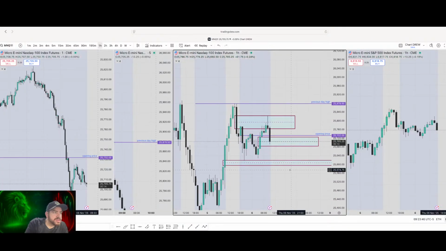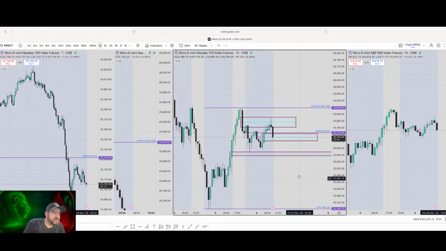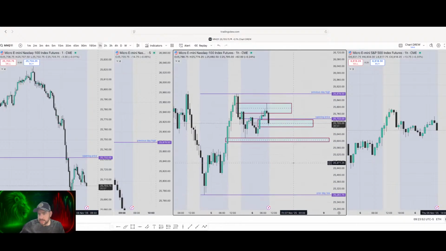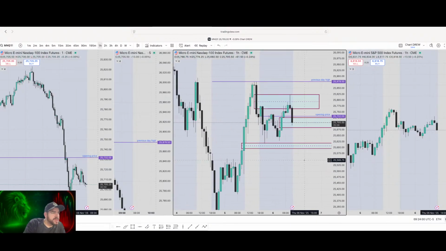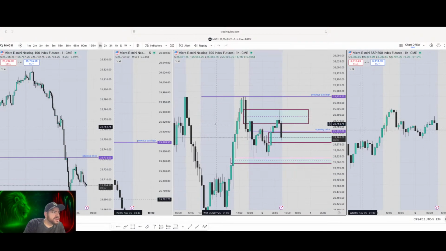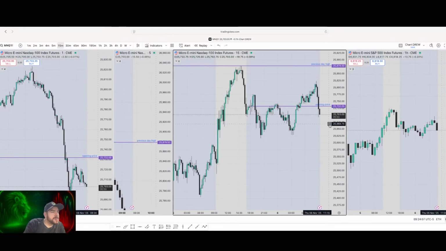So that's another thing. That's another bearish signature there too. So we're just trying to see what's most likely to happen.